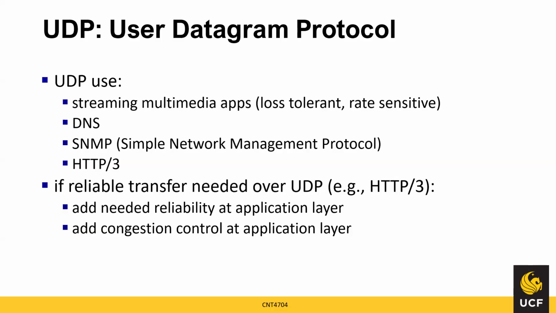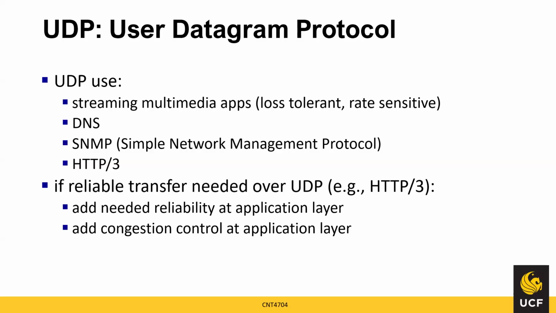Certain scenarios where UDP is useful are streaming multimedia apps where some packet loss is okay, but the timing is more crucial. If we are watching a video, we need it to be sent to the user efficiently and fast, but there could be some jitter or some buffer, but we want the video quality to recover in a very timely manner.